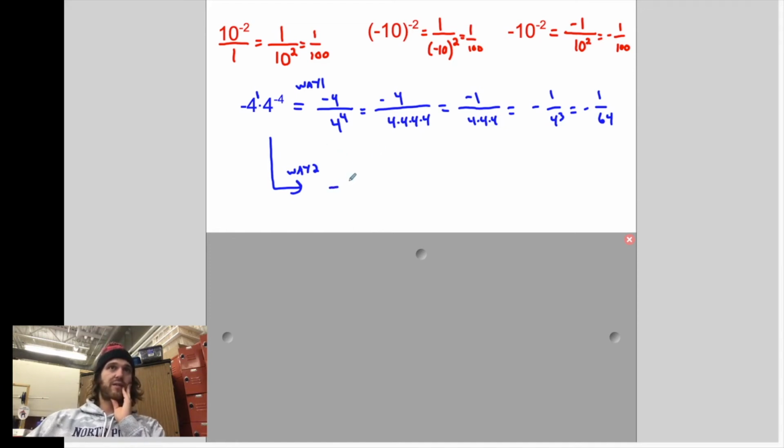So this is going to be negative, and then we can do 4 to the 1 plus negative 4. Well, 1 plus negative 4 is negative 3. That's negative 4 to the negative 3, and now this is just like this problem right here. We're going to leave a negative 1 in the top. We'll bring 4 to the third down, make it positive when we do that, and we still end up with 1 over 64.